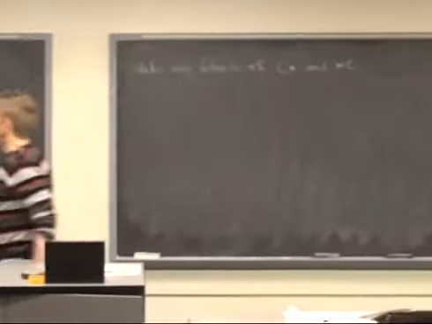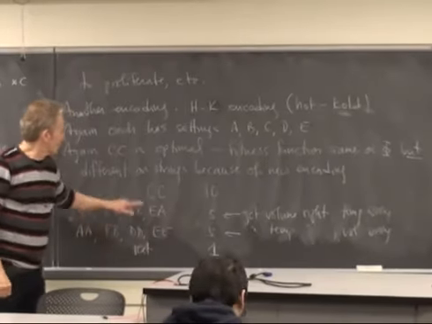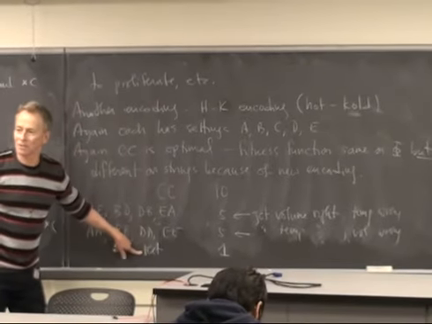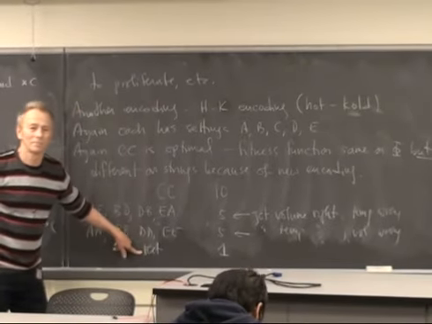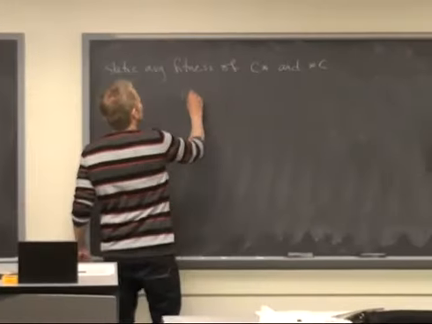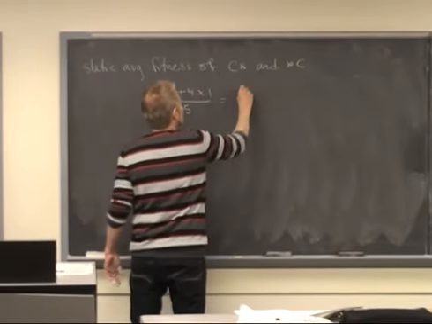Well, both of those are going to have CC in them, and all the rest of the elements of those schemas are going to be in this slag heap of strings that have fitness 1. So it's going to be 10 plus 4 times 1 divided by 5, which is 14/5.